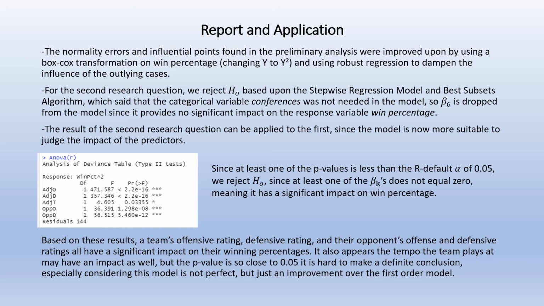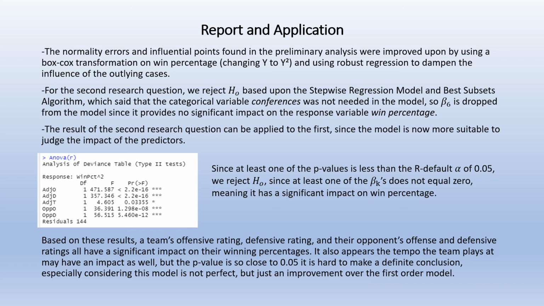Now, based on the ANOVA results, we can make an analysis for the first research question, as we see that all the p-values are less than 0.05, so we can reject the null hypothesis and conclude that these variables have a significant impact on win percentage.